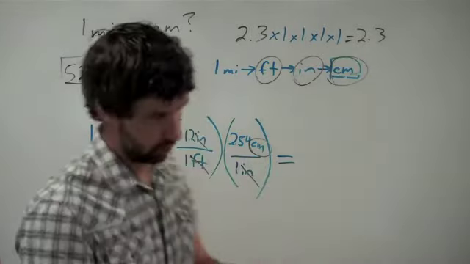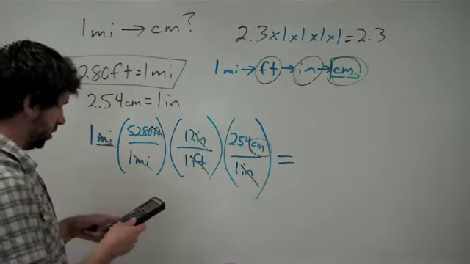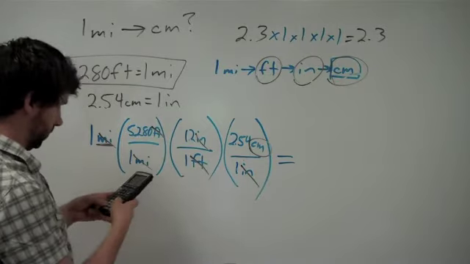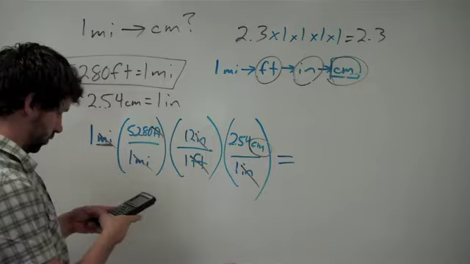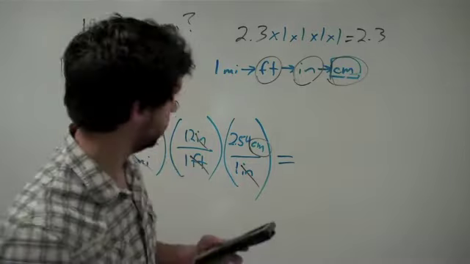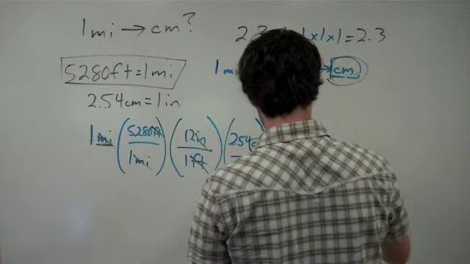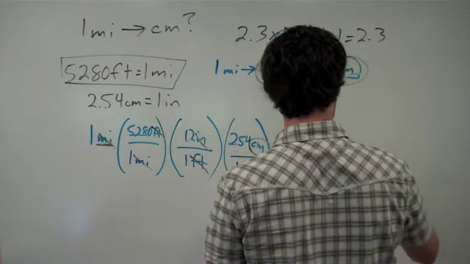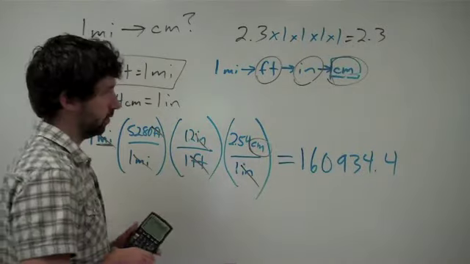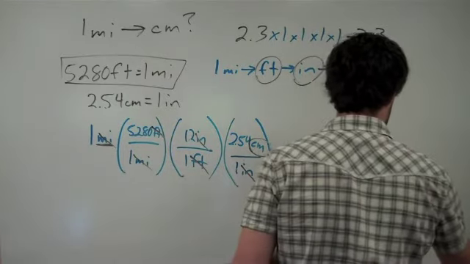I'm just going to go, believe it or not, I can't do this in my head. We've got 1 times 5,280 times 12 times 2.54, and it's 160934.4. Okay? That's centimeters. We're left with centimeters here.